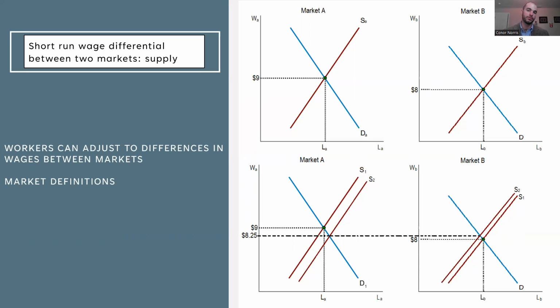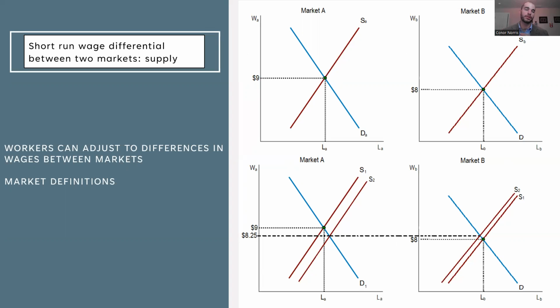So where S2, this new increased supply curve, crosses the demand curve is going to be at a lower point. In this case, it's at $8.25. At the same time, in labor market B, because we have people leaving the labor market, they're now moving to market A. That's going to shift the supply curve to the left. Now, where this new supply curve S2 crosses the demand curve is going to be at a slightly higher point.